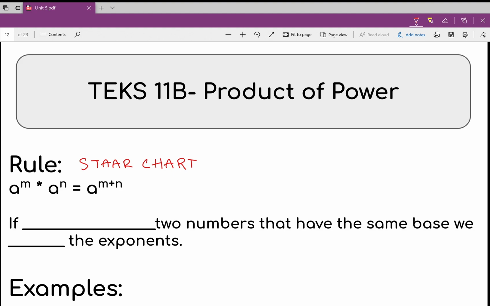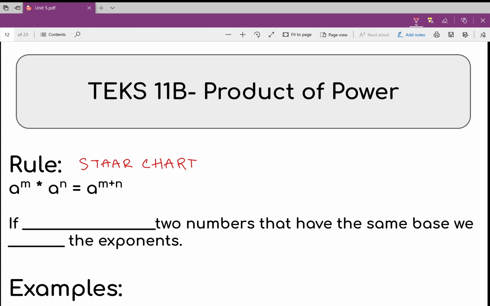And this rule reads a to the m power times a to the n power is equal to a to the m plus n. So this sentence down here is describing what this rule is.